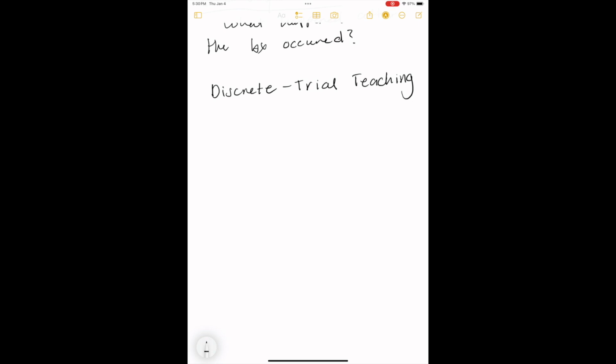So when you're doing discrete trial teaching, the most important thing to know, and I'll underline this here, is that DTT is RBT led. So it's led by you as the RBT.